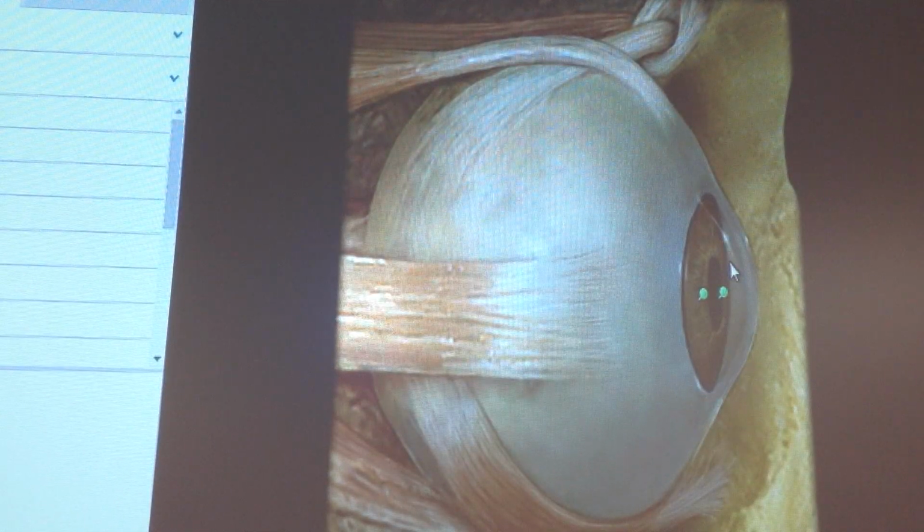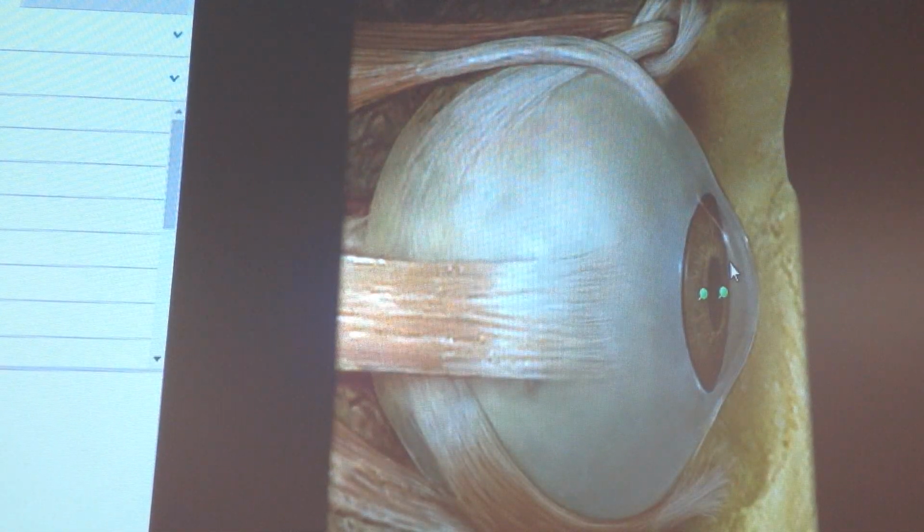Of course, the famous reflex that most people get checked quite often is the knee-jerk reflex. We'll talk reflexes in a few days because that's an important mechanism for homeostasis. You cannot have too much bright light entering the eye because the retina can't tolerate that bright light.